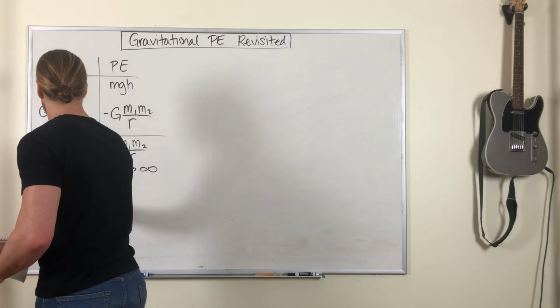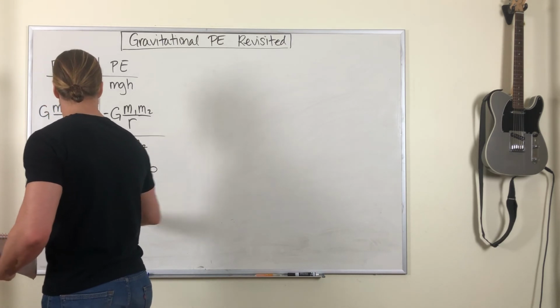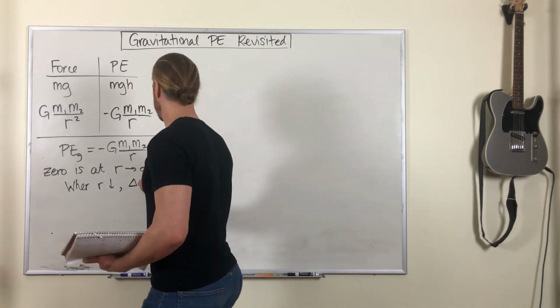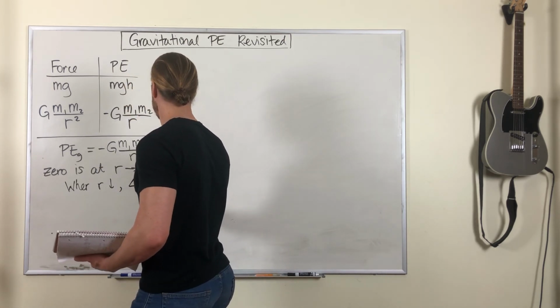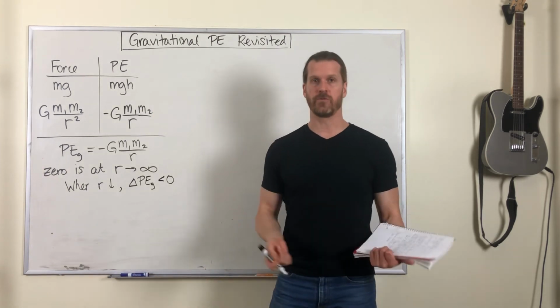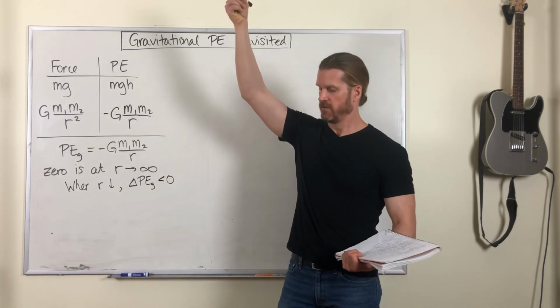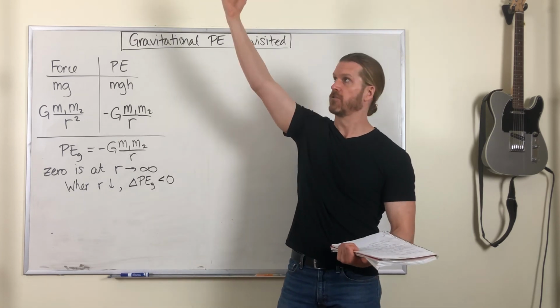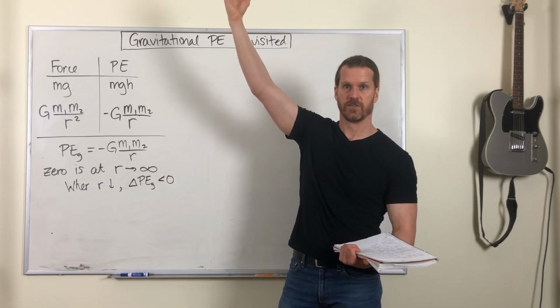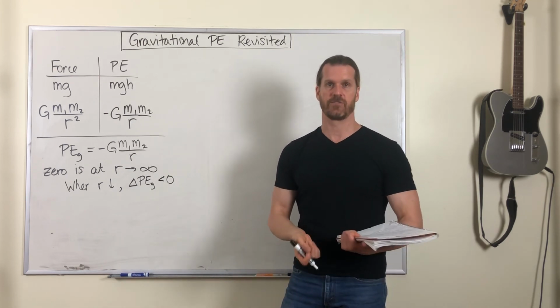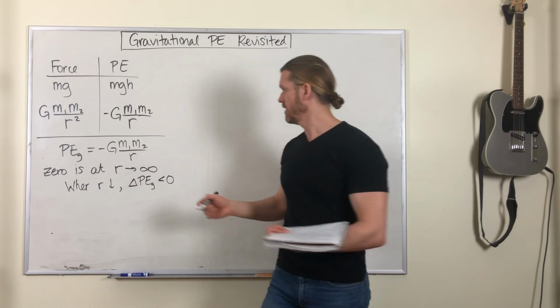So when r decreases, the change in gravitational potential energy is negative, which is what we're used to. If you have an object that's falling, we're used to saying that it has a larger potential energy at the start, a smaller potential energy at the end. The change in gravitational potential energy is negative.